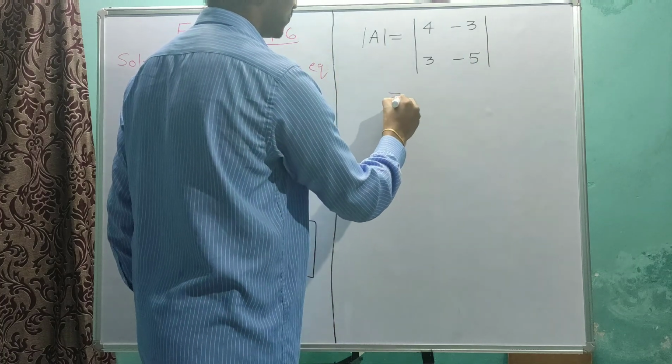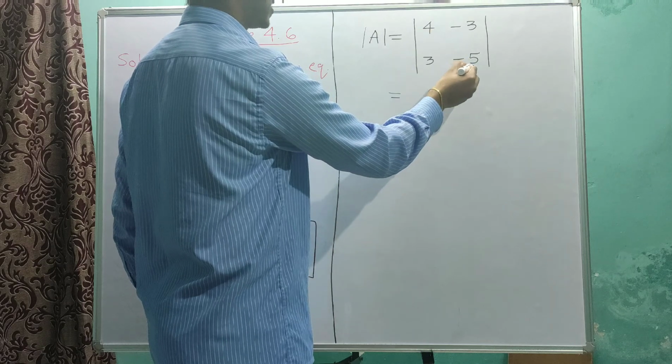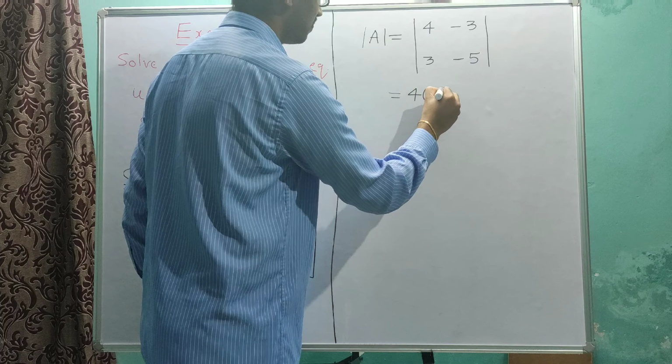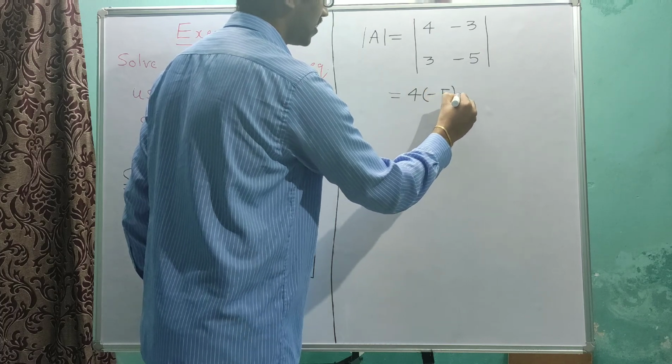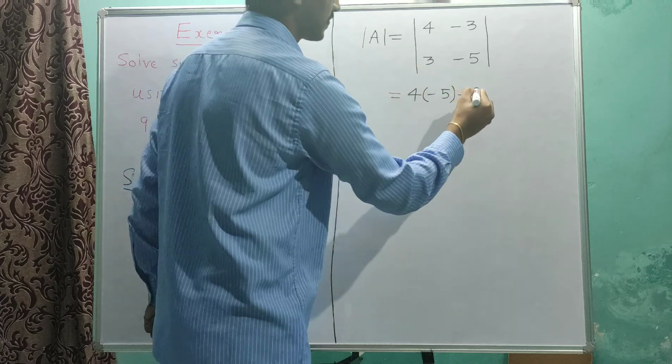If you expand the determinant, we get 4 into minus 5 minus 3 into 3.